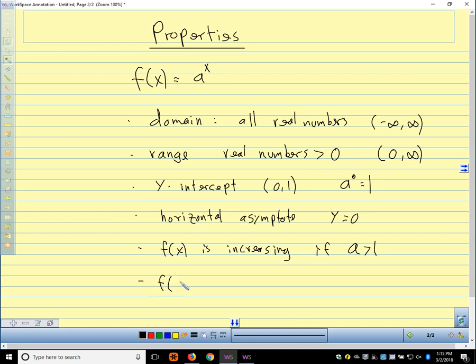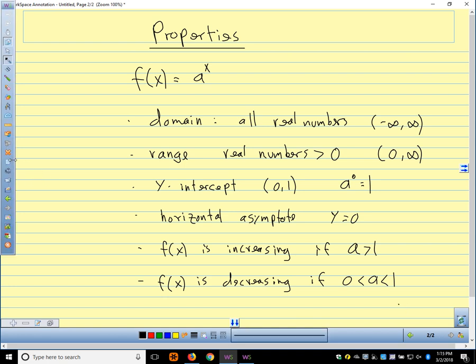And f of x is decreasing if a is a fraction between 0 and 1, which means it always goes downhill. So no matter what, it's a very simple set of properties that all exponential functions have. We don't have to worry about going up and down, up and up, down, none of that stuff. All right, questions on our properties?